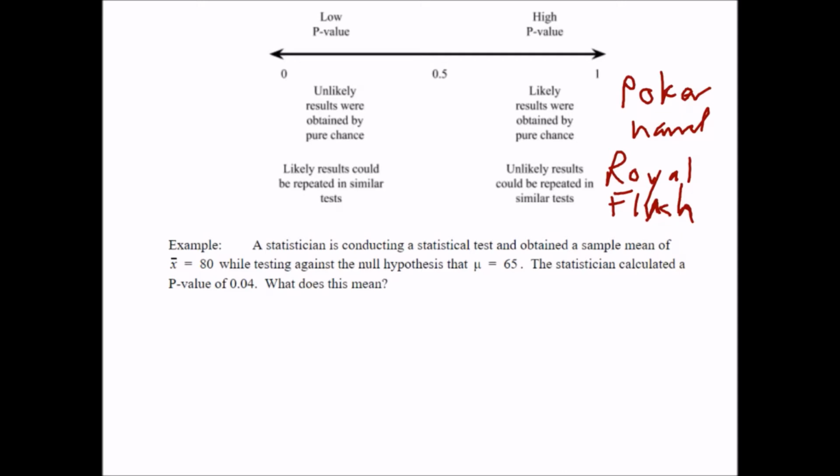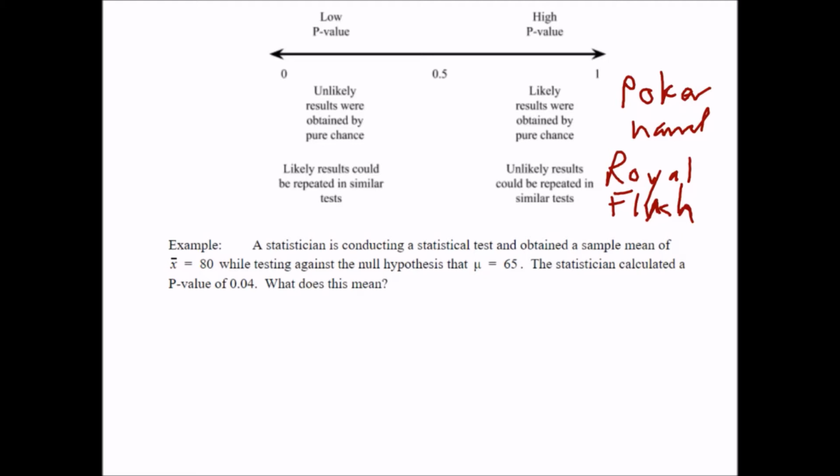A royal flush is 10, jack, queen, king, ace, all of the same suit. So if you deal yourself a royal flush with a thoroughly shuffled deck, that is going to have a high p-value because you obtain that most likely by pure chance. Okay, so high p-value there. That's just something I came up with as an example of high p-value.